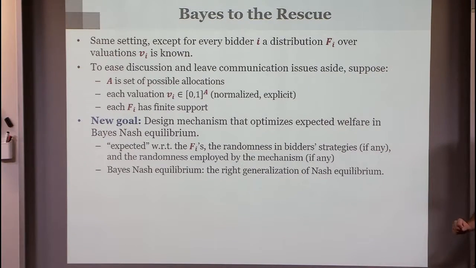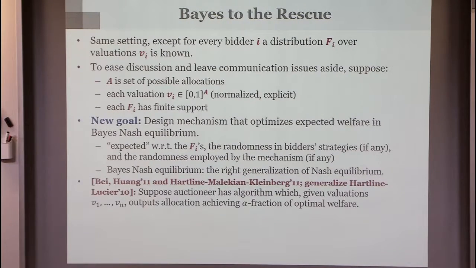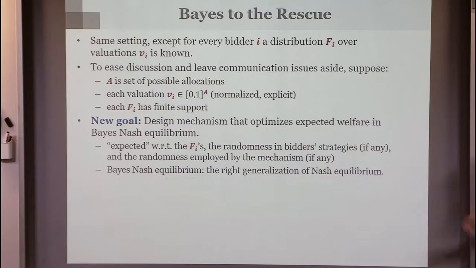And Bayes Nash equilibrium, I'm only going to say it's the right generalization of Nash equilibrium for this setting, which is an incomplete information setting with distributions. Now, any questions about the setting?